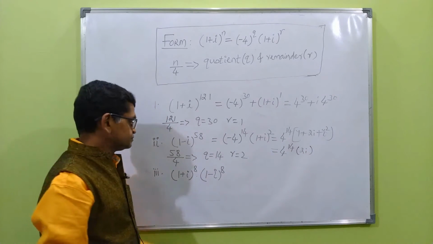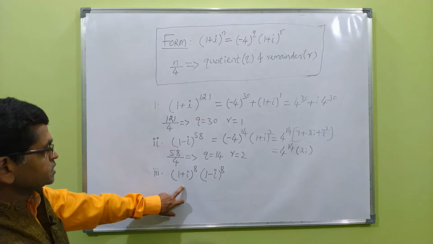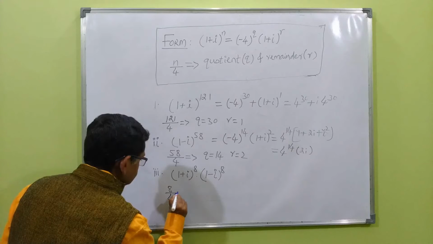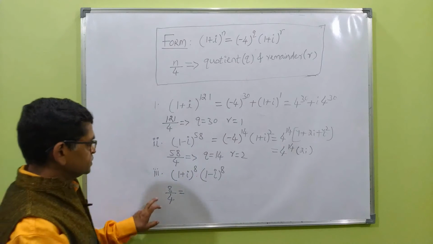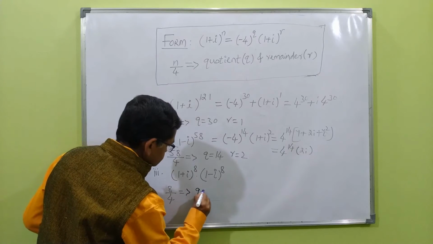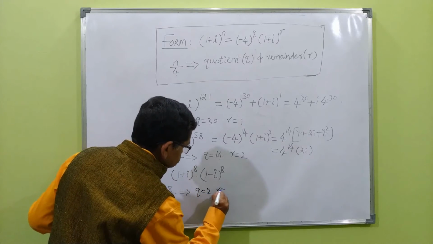Okay. Similarly, what happens here? 8 by 4 is equal to, what is 8 by 4? 2 only. q is 2, r is 0.